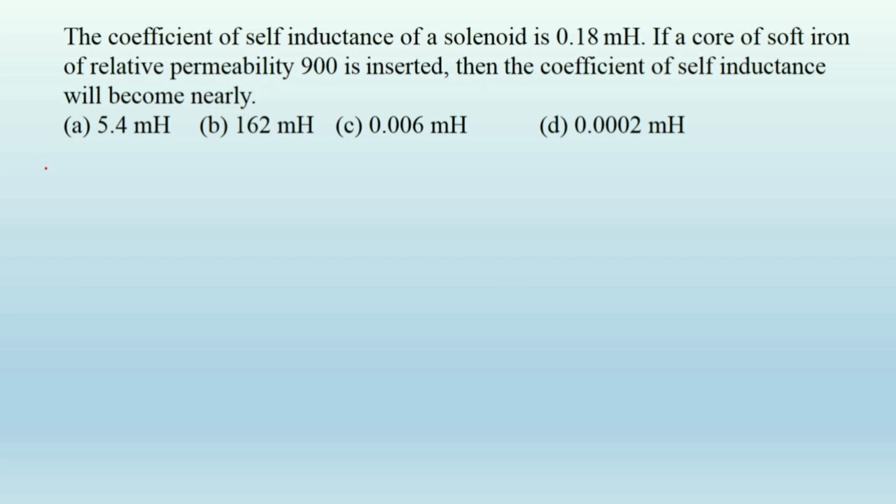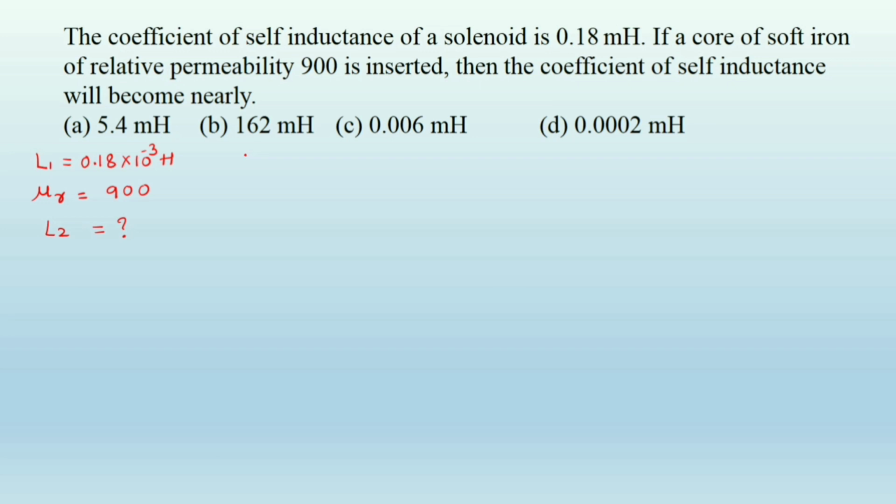Initially the self-inductance of the solenoid is L1 equal to 0.18 millihenry, that is 0.18 into 10 raised to minus 3 henry. Then when soft iron is inserted with relative permeability mu r equal to 900, the coefficient of self-inductance becomes L2, which we have to calculate.